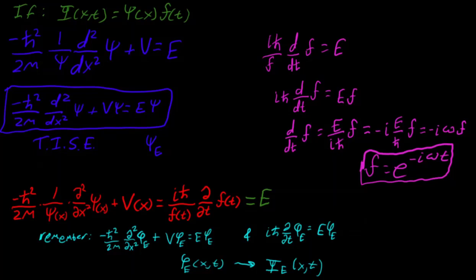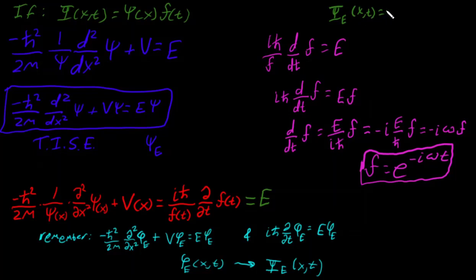separable solution, which I will call capital Psi e of x and t, right? This is a solution to the time-dependent Schrodinger equation, the full Schrodinger equation.